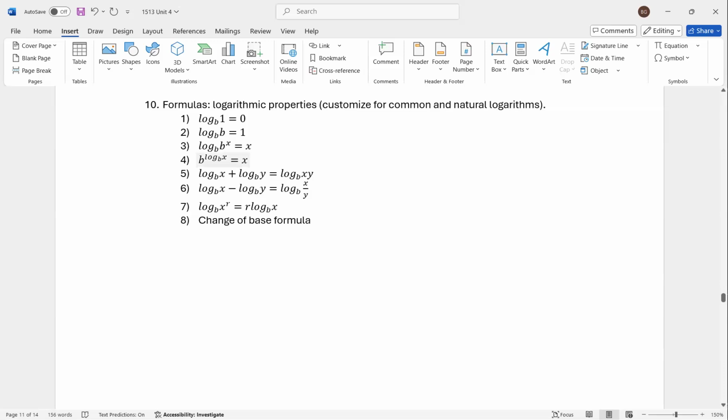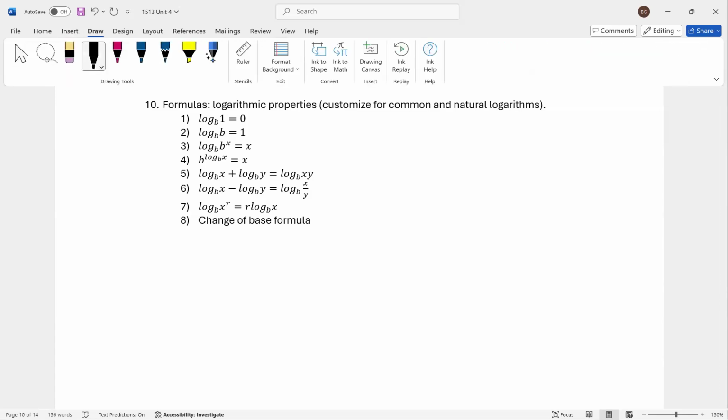All right. So number 10 here, we have 8 formulas to study. The first one is log with base b of 1 equals 0. I hope you still remember the names of the 3 parts in a logarithmic function.